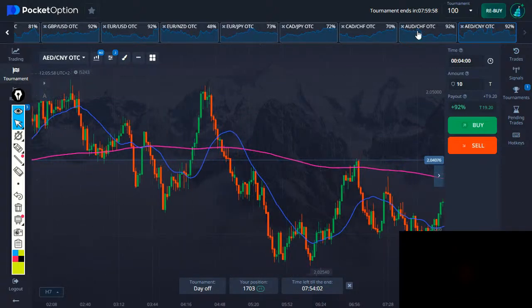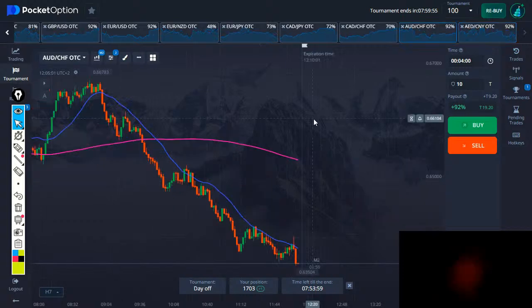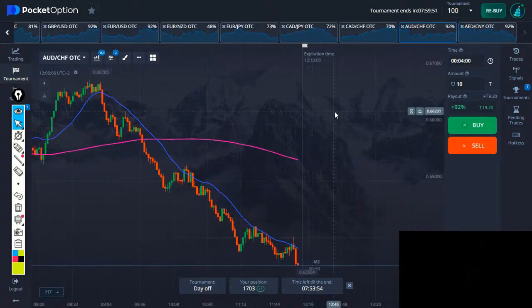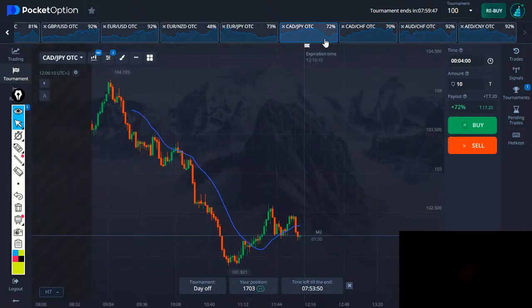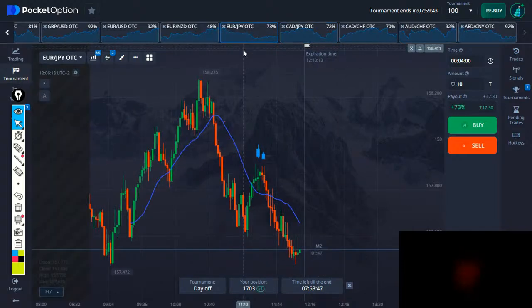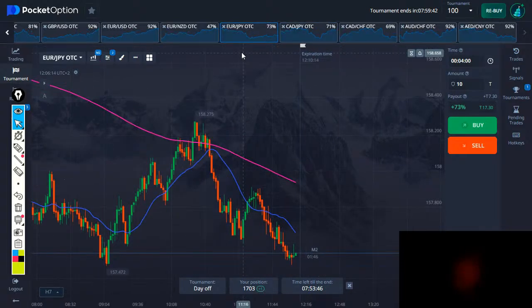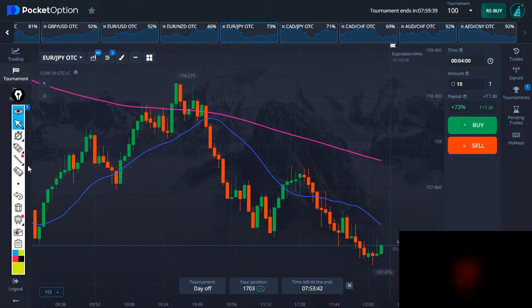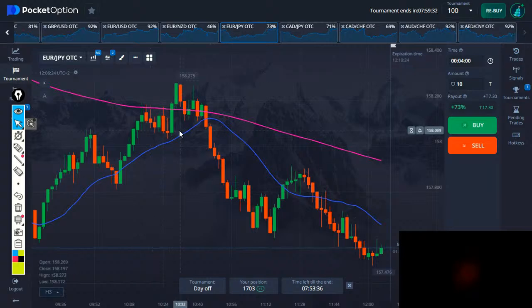Let's look for easier setups. See this beauty? Love it. Look at this. Let me show you exactly how to define your entry.